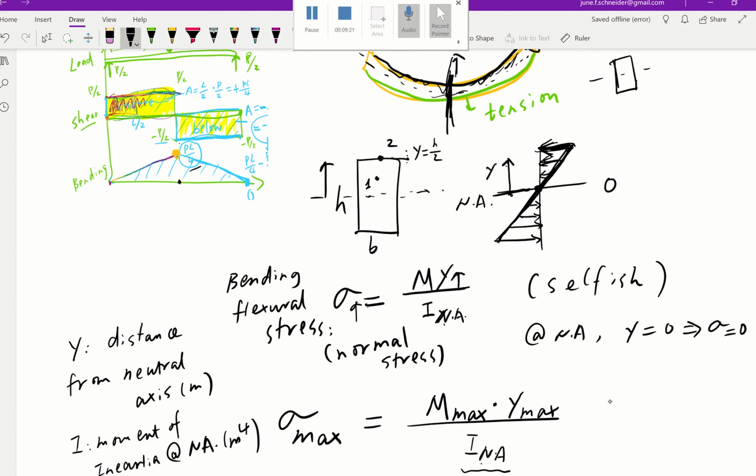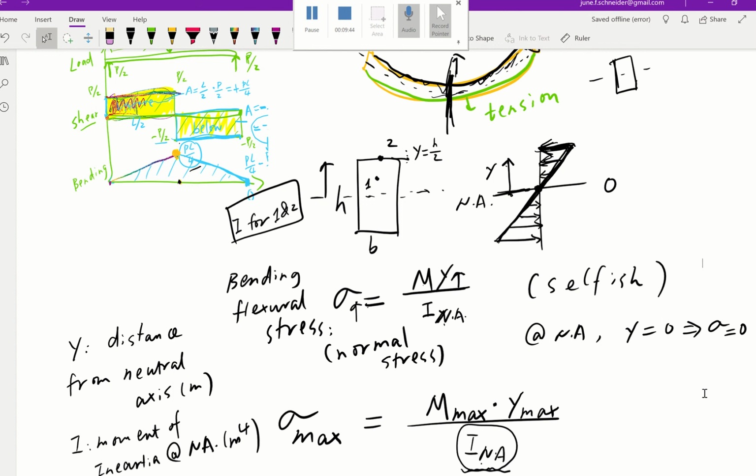However, this moment of inertia I is the same for points 1 and 2. That's something I want to give you a heads up on. I often see people confused about that, because this is talking about the cross section.